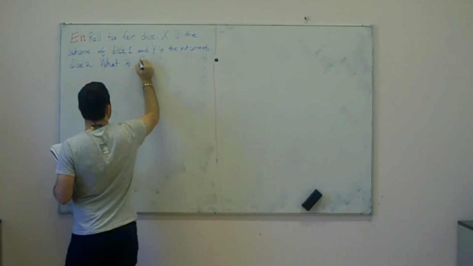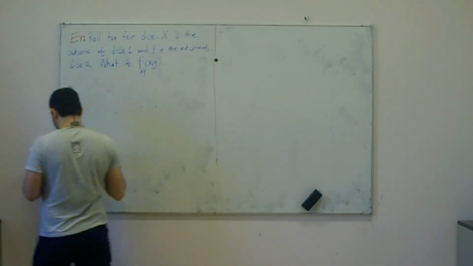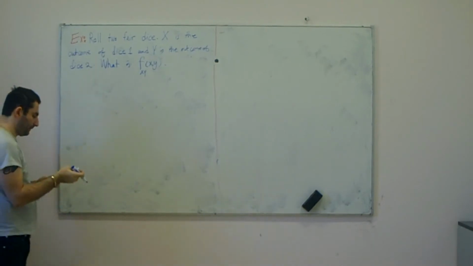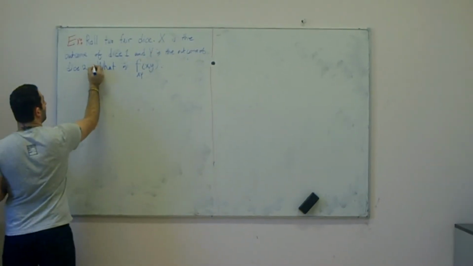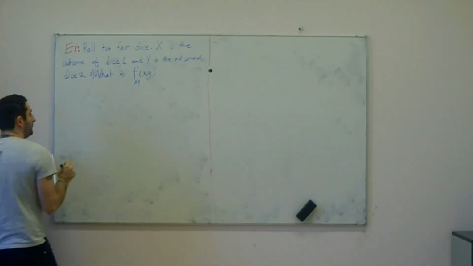What is part A? What is the joint probability function?